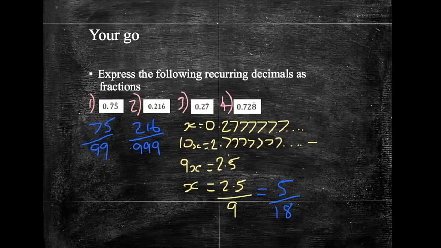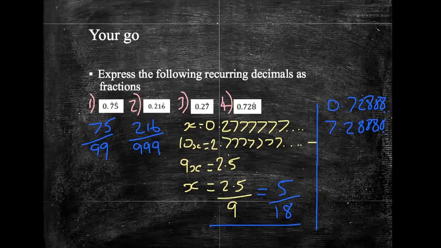Okay, so you would get that for this one, and for the final one, let me see if I've got enough room over here, we would get 0.72888 and so on. If I multiplied it by 10, I'd get 7.2888 and so on.